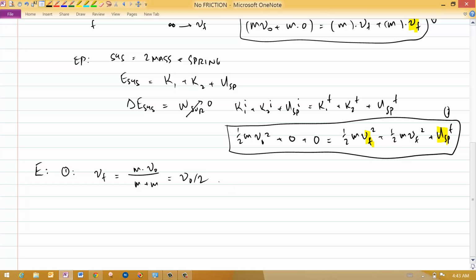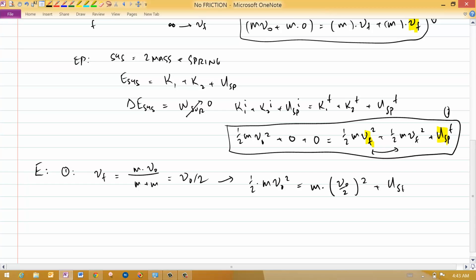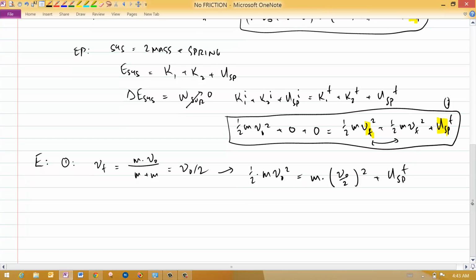If that's what V final is, I can substitute that into equation number 2 and get 1/2 m V0 squared is equal to, there are two things which are the same here, so I'll write that as m times the final velocity, V0 divided by 2, quantity squared, plus the potential energy that's in the spring in the final state.